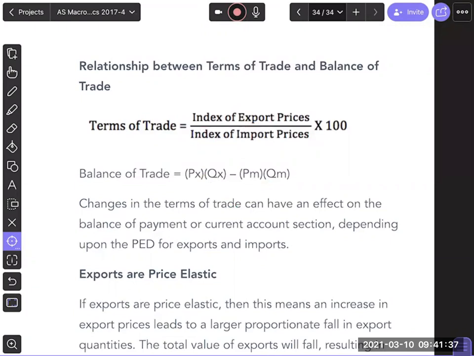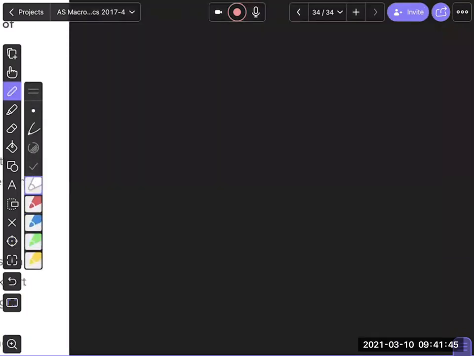Okay. Now I'm going to do a couple of cases here. What if exports are elastic? Case number 1, let's write this: relationship between terms of trade and balance of trade.